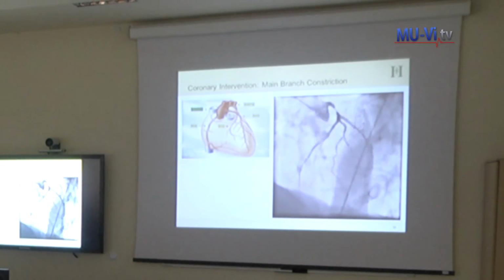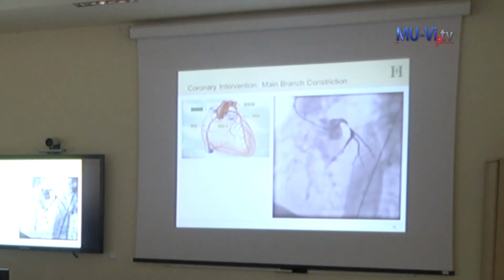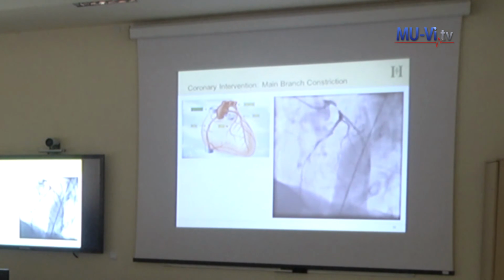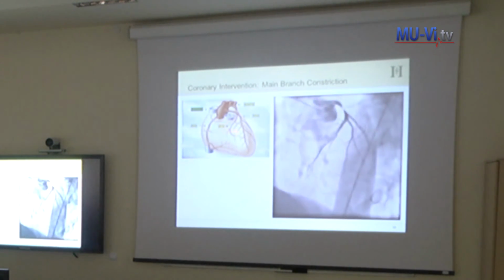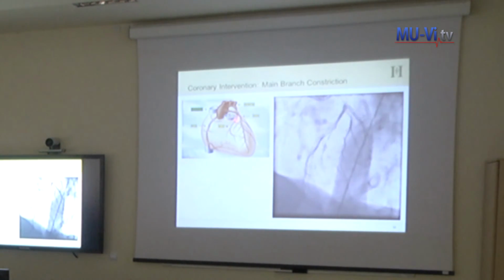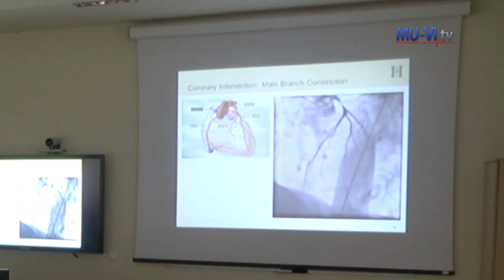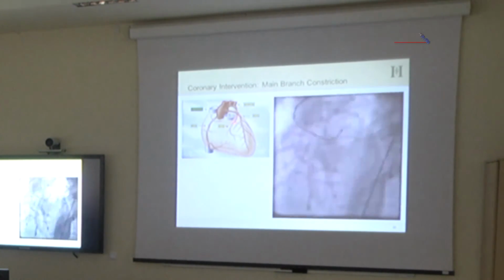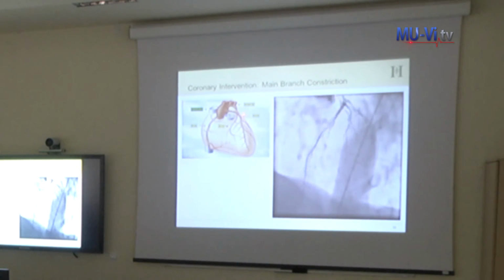This is a severe disease, critical disease, constrictions of the main branch. If you remember the model, you have the LCA, the left coronary artery, with the main branch here, and with the bifurcation with the RCX and LAD here.